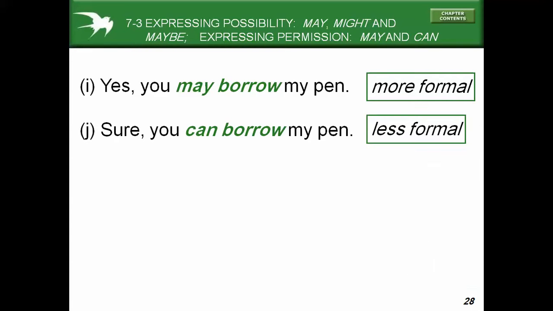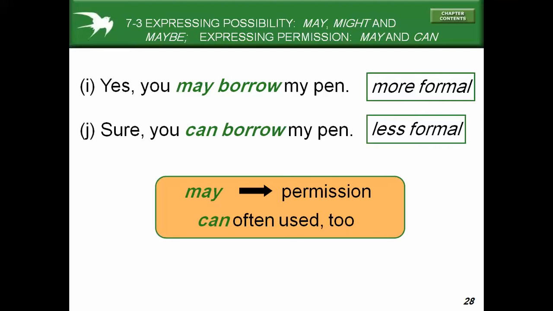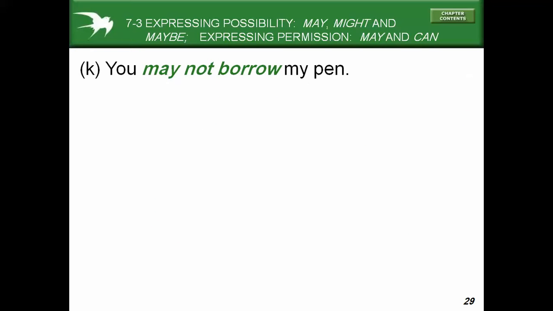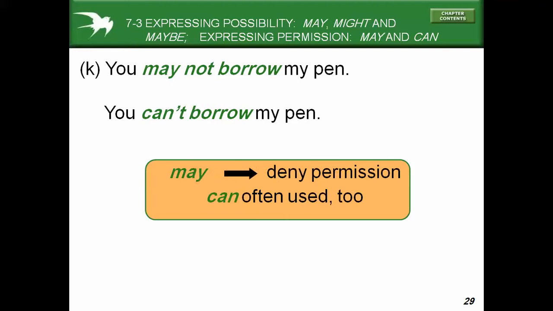More formal and less formal. If you say may borrow, it is more formal. If you say can borrow, this is less formal. May for permission, can is often used too. You may not borrow my pen. You can't borrow my pen. So these deny permission, refuse.